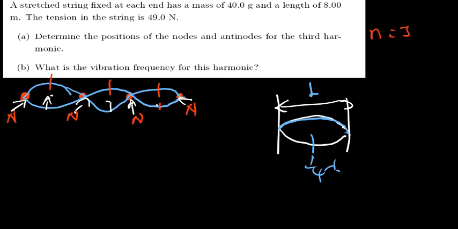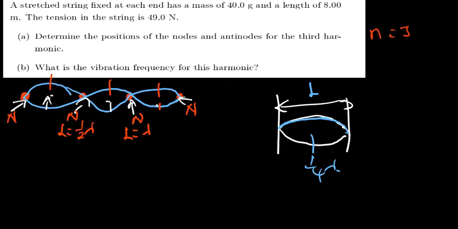So the first node is going to be 0, that's where it's starting from. The second node is going to be at length equal to half the wavelength. Now if I reach this point, if this is half, this is half, then I add another one here, that is going to be 1. So it's going to be 2 over 2, which is the same as the length being equal to the wavelength. Again, if I come to this part, it's going to give me 3 over 2.